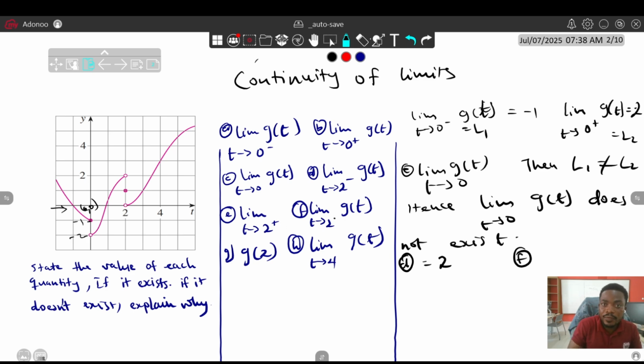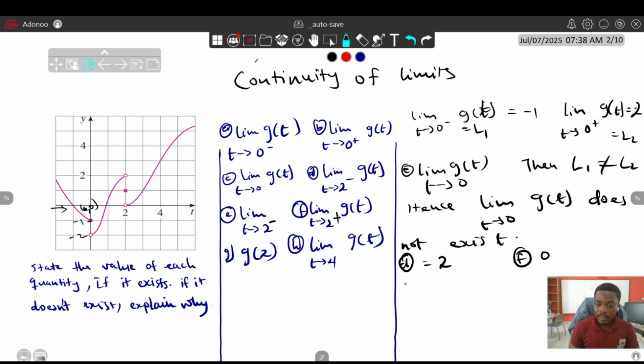So from the left, we have +2, and then from the right, so we have 2 here, and from the right we have this curve on the immediate right, and then approaching 2 from the positive side, we have 0. So f is equal to 0.